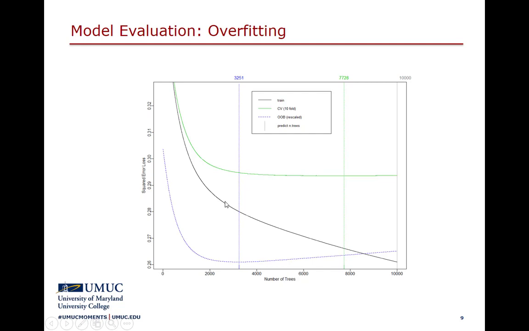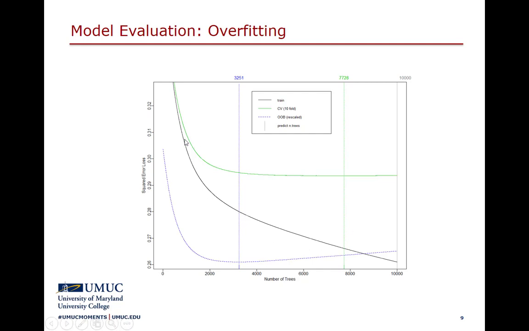So as the complexity of the model increases, as we add more trees, the training error goes down. And that's always the case. As you add complexity, the performance of the model on that unique training sample gets better. But at some point, you are actually learning the noise in the data, and the model is not generalizing well.